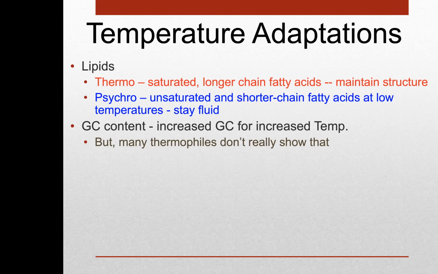That's right. So there you've got 3 bonds instead of 2. So it makes a lot of sense in a theoretical setting, as I said. But when we go looking at thermophiles, not all thermophiles have high GC content. And there are even low temperature adapted organisms with high GC. So it may not really be.